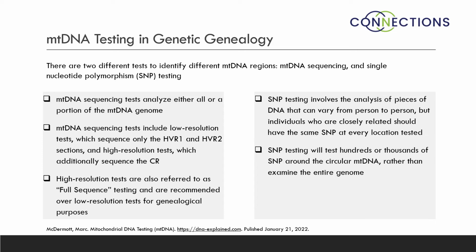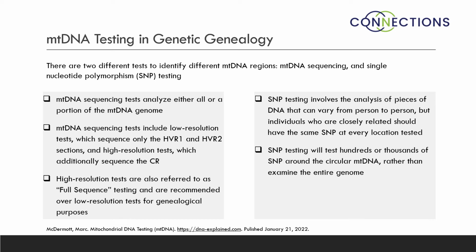The low-resolution tests sequence only the hypervariable regions, whereas the high-resolution tests additionally sequence the coding region. The full sequence testing is recommended over the low-resolution test for genealogical purposes, obviously because it provides more information about the ancestry of the tester.